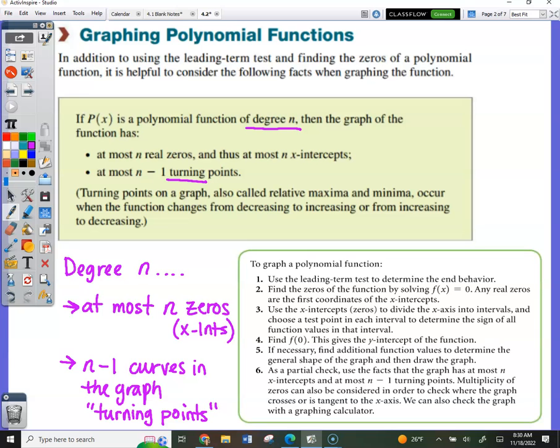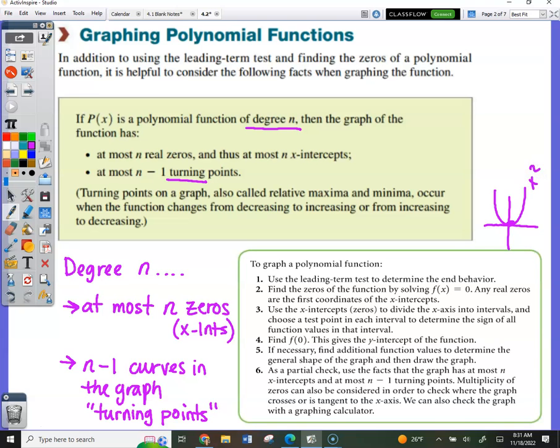So the degree dictates how many possible answers you're going to come to, and it's never more than the degree. Now, you could have a degree 2 polynomial, which is a quadratic, and you don't need to draw this, but if it's sitting on the x-axis, then it's only crossing the x-axis 1 time. But you might think, well, it was a degree 2.